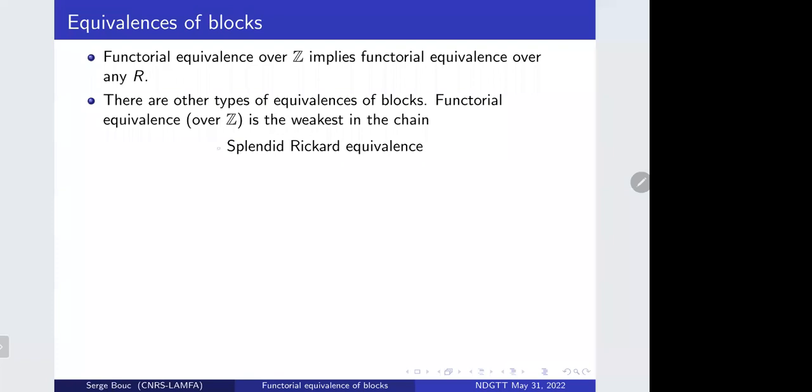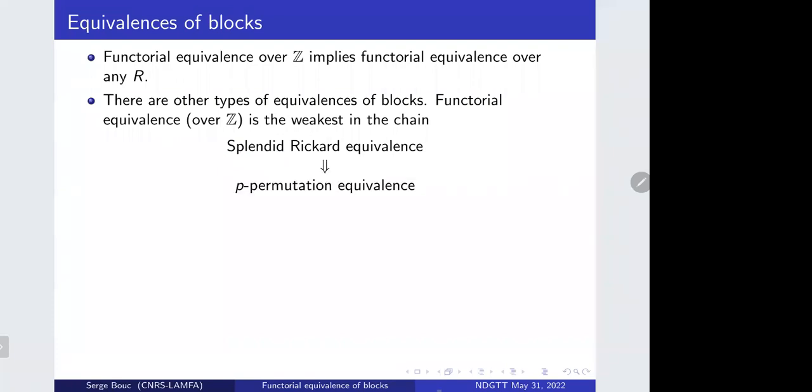If you know these things, you know that this word splendid, according to Rickard, means split endomorphism induced from diagonal. So we recover here these diagonal p-permutation bimodules, hidden in this terminology. So this is Rickard equivalence.